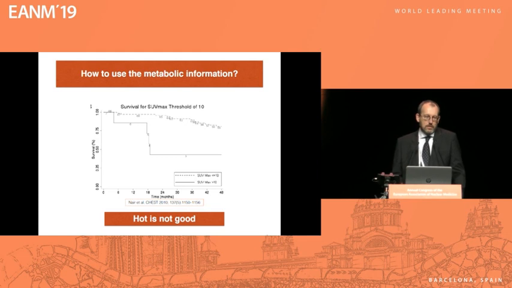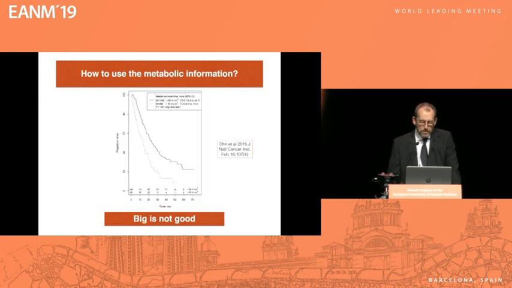We know that hot is not good. Here it's early stage non-small cell lung cancer, and we can see that the prognosis of the lesions with a higher SUV is worse than those with a lower SUV. We know that big is not good. Within the same stage, a high metabolic tumor volume is associated with a worse prognosis compared to those with a lower MTV.